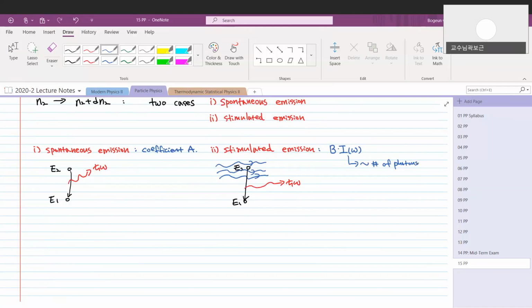So the change in the number of atoms in E2 can be written as dN2 equal to minus (A plus B I omega) N2. Minus means the atoms at E2 move to E1, so the number of atoms will be smaller than before.